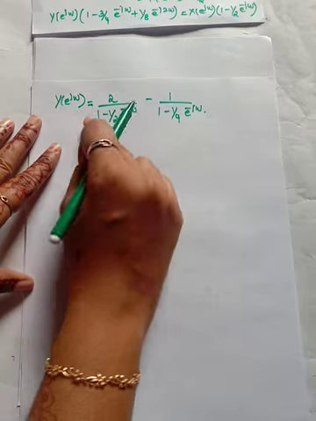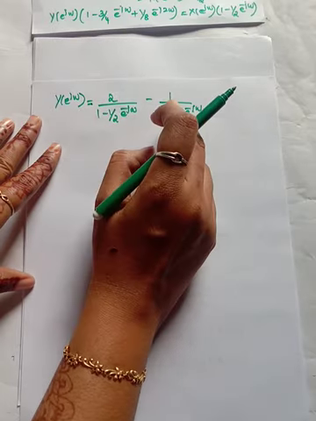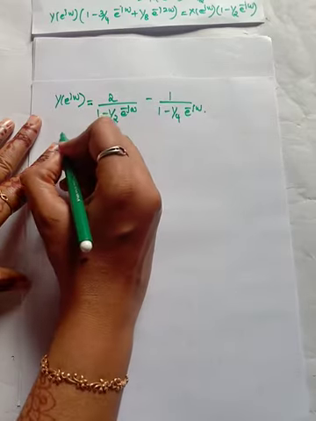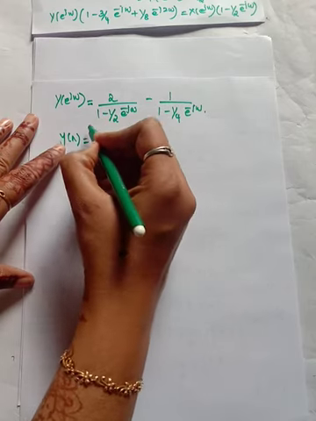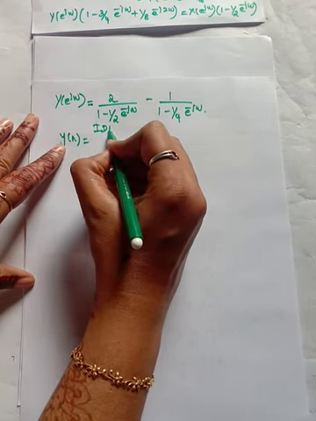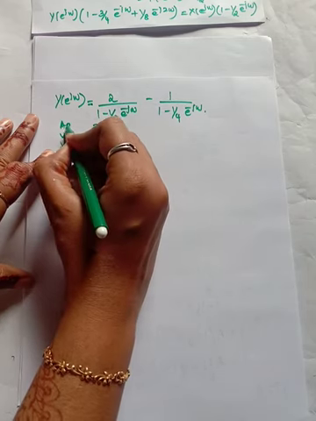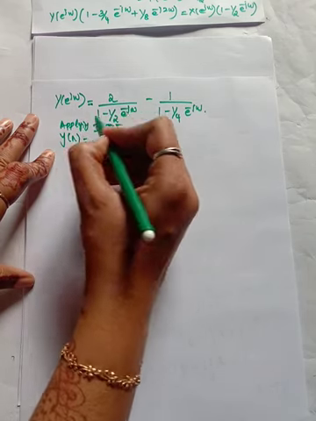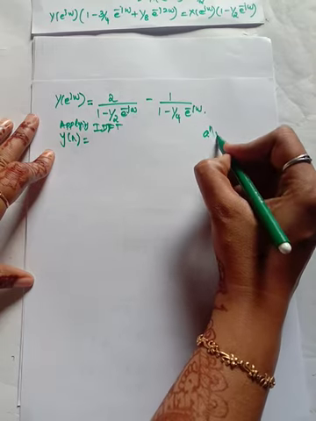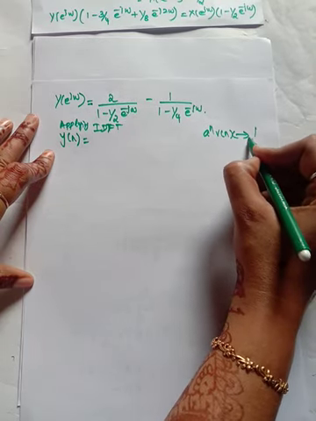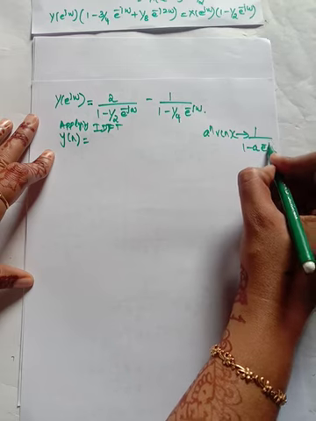Y of e power j omega, substituting the A and B values. So if we need to find y of n, I have to apply the inverse DTFT. You know the formula: a power n u of n is 1 by 1 minus a e power minus j omega.